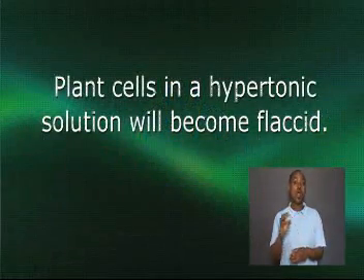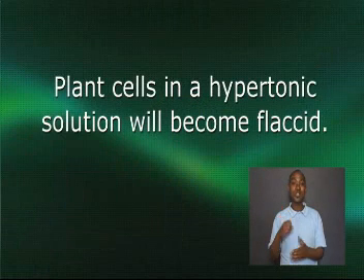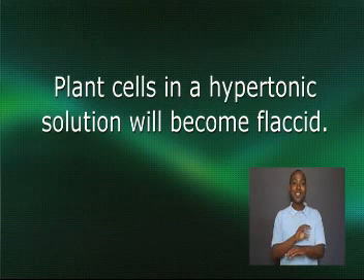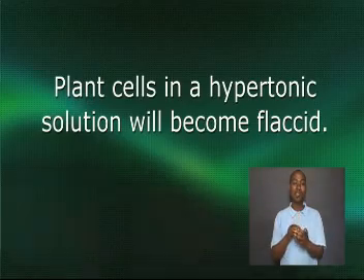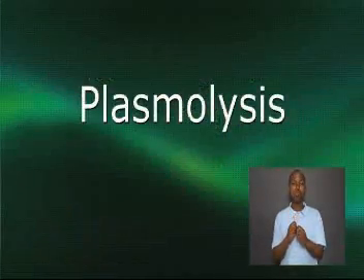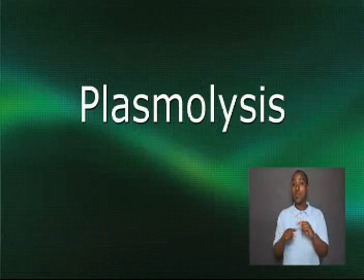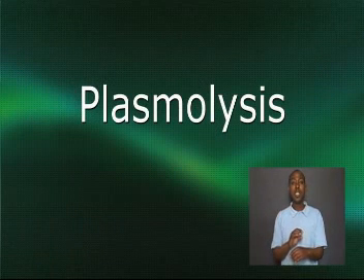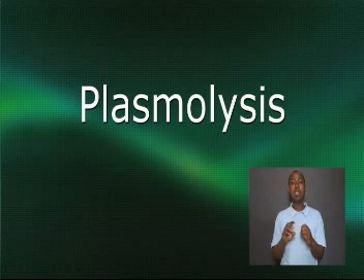The cell becomes flaccid, meaning limp and less rigid. If water continues to leave the cell, the vacuole shrinks and eventually cytoplasm will pull away from the cell walls. This causes the cell to reform into a state called plasmolysis.